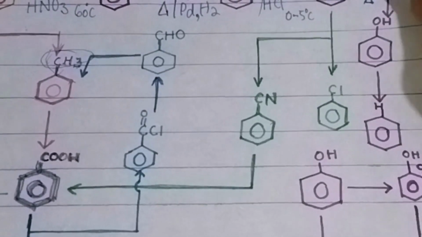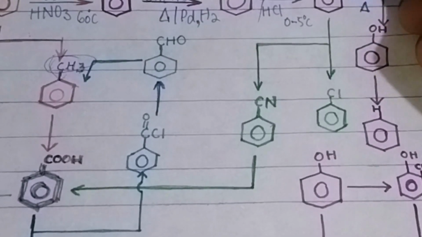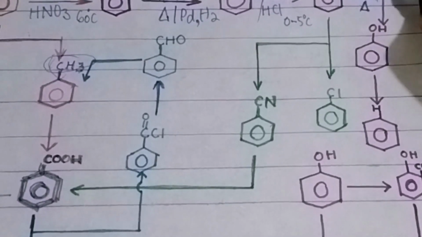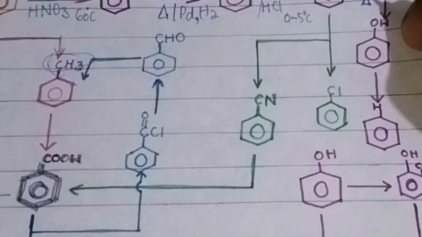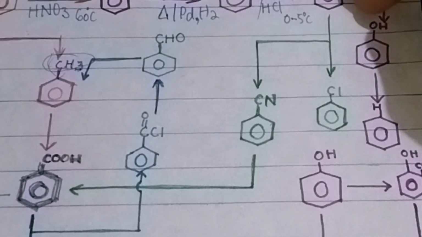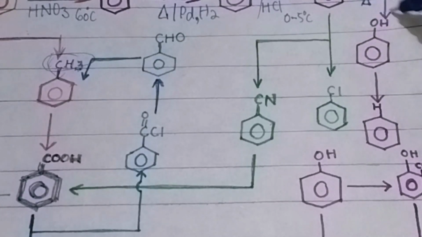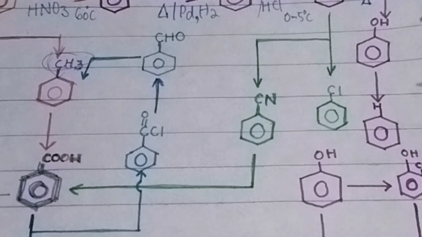After that we will use water and we will heat this solution, and this N2Cl is going to convert into this OH. So we obtain phenol in this situation.